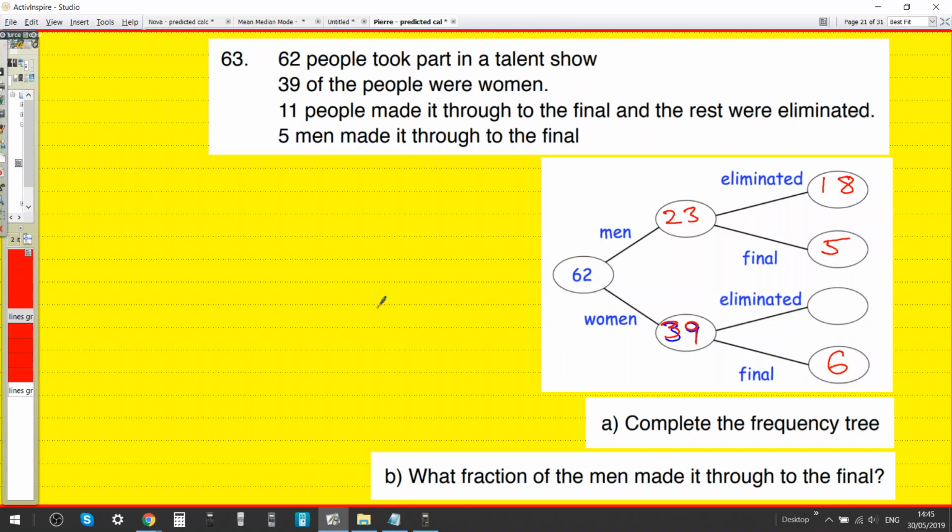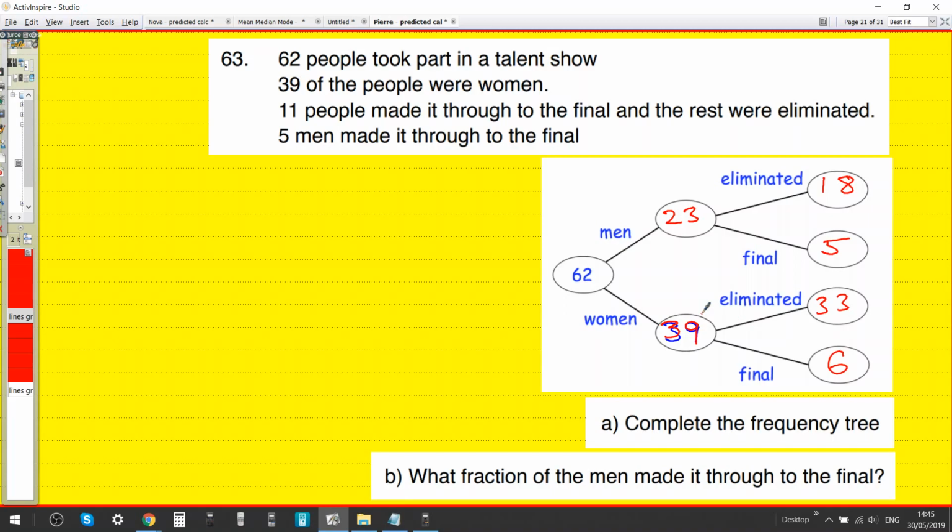Sorry, 11 take away 6, so 5 people were eliminated. How many women were there? Oh, so 39. Oh, of course. So there are 39 women in total. So 39 take away 6, 33. So 33 were eliminated.